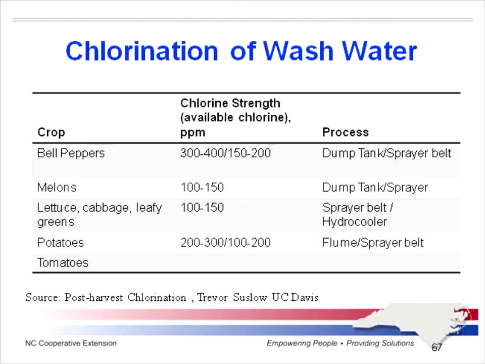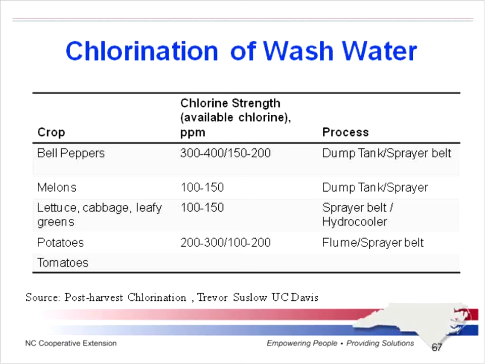Some labs will test just for presence and absence of E. coli or coliforms, and it's very important that producers recognize that the number that they want is a generic E. coli, and they want that number to be a quantified number.